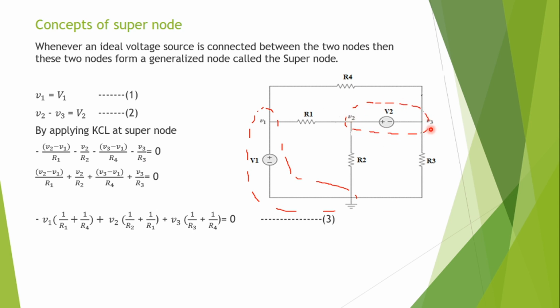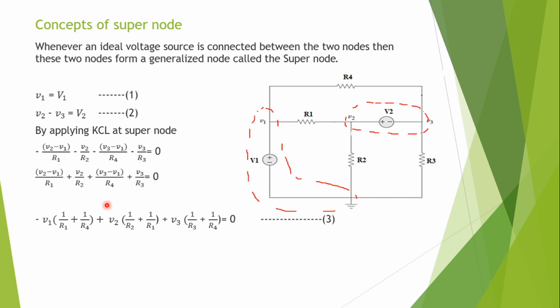So it is 0. By rearranging, multiplying with the negative sign, it becomes positive: V2 minus V1 by R1 plus V2 by R2 plus V3 minus V1 by R4 plus V3 by R3 equals 0.